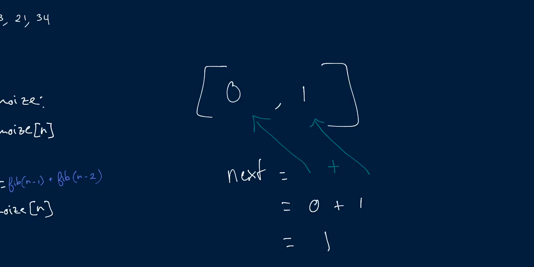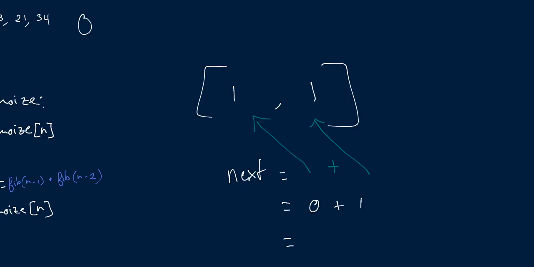So what do we do when we've calculated next? Well, we take the first number in the array and we just get rid of it. We just throw it in the garbage can. We take the second number and we put it in the first place in the array. And we get our new Fibonacci number and we put it in the second place in the array.